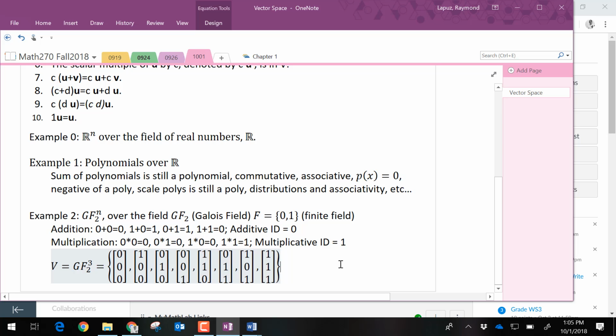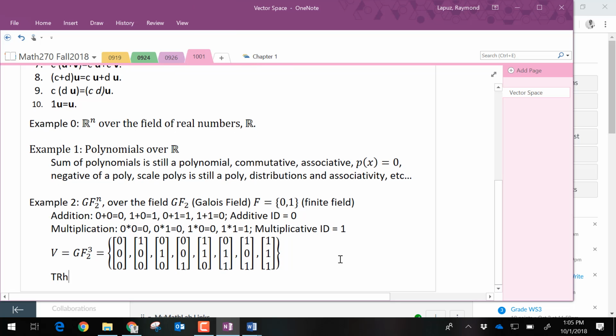So without going through the 10 axioms, just believe me that if we run through these possibilities for your vectors and the 2 possibilities for your scalars, the 10 axioms are going to hold, and therefore this is a vector field. And I'll let you check the 10 axioms in your free time.